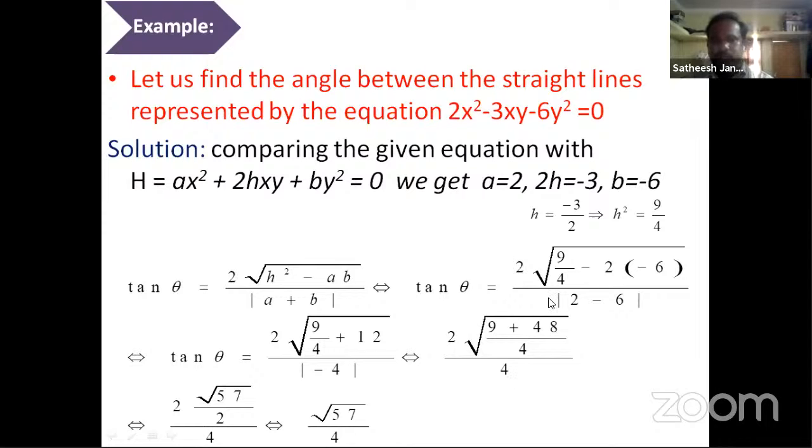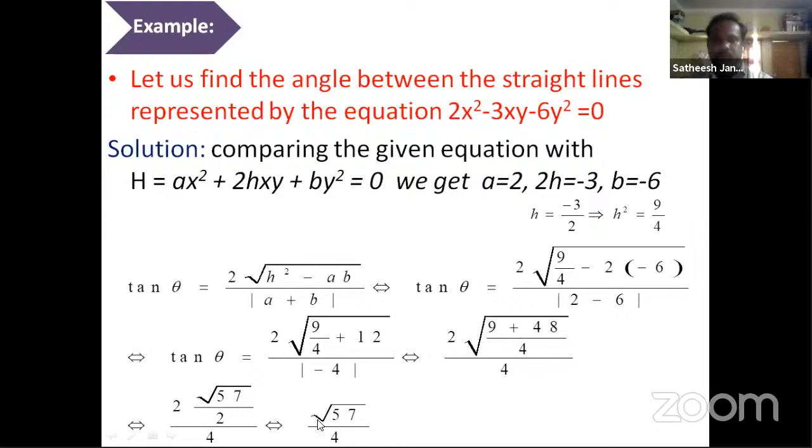In the numerator, 2 into the square root of 9 by 4 plus 12, where the LCM is 4. 4 multiplying with 12, 12 into 4 times, that is 48, by 4, total over 4. That is equal to 2 into the square root of 48 plus 9, that is 57, where the square root of 4 is only 2, by 4.